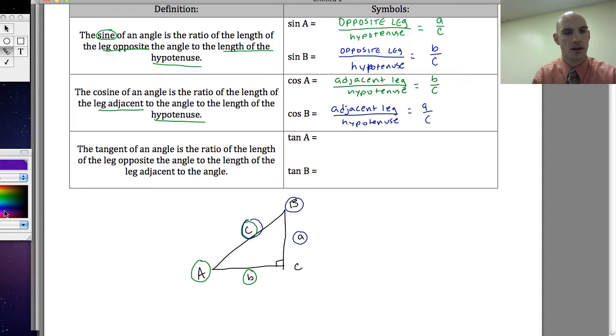Tangent is going to be a little bit different because it's not going to involve the hypotenuse at all. It's going to be the length of the leg opposite over the length of the leg adjacent. So, opposite leg over adjacent leg.